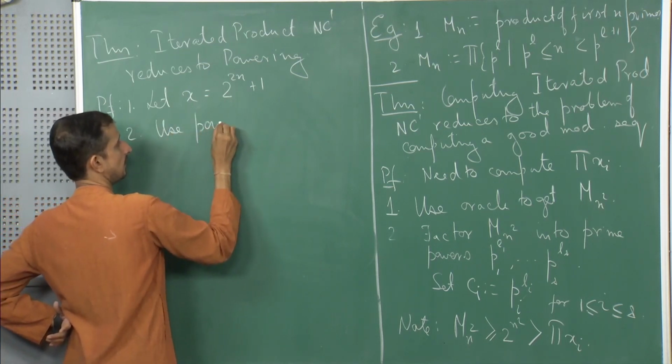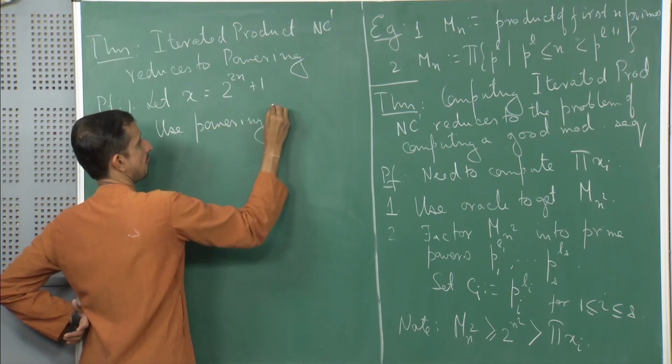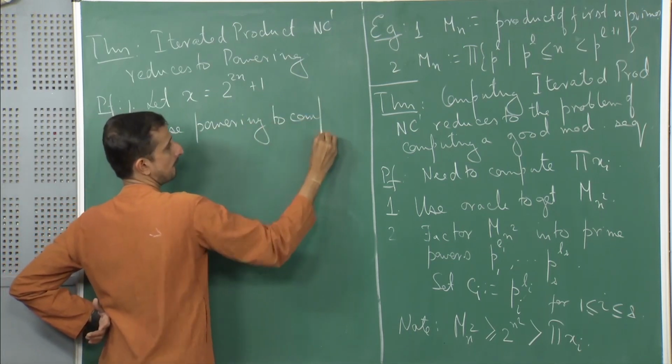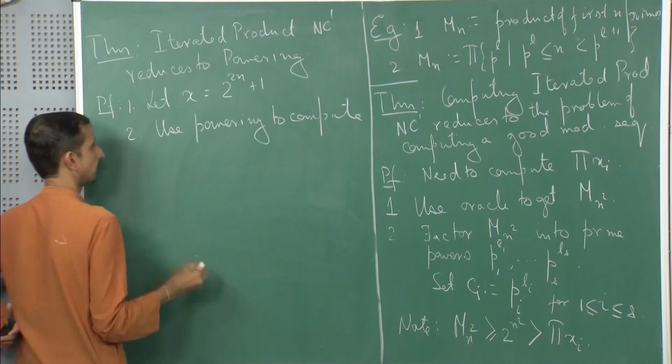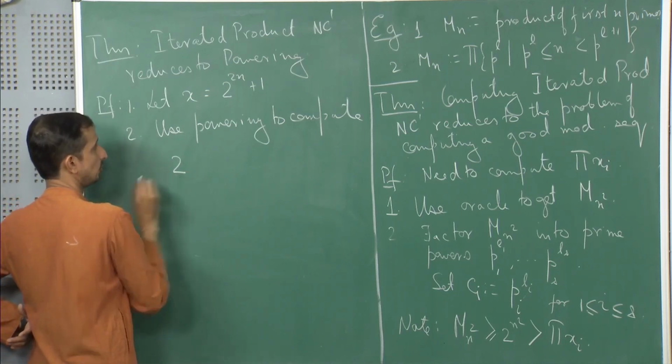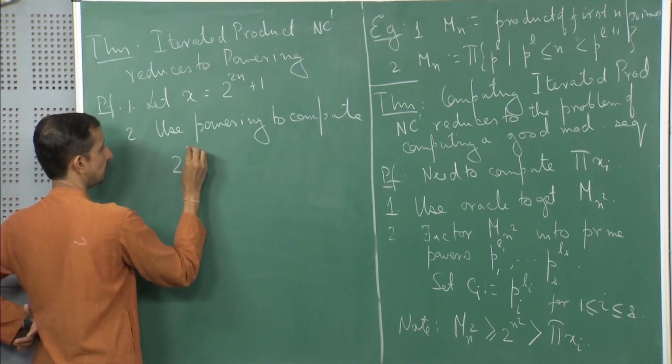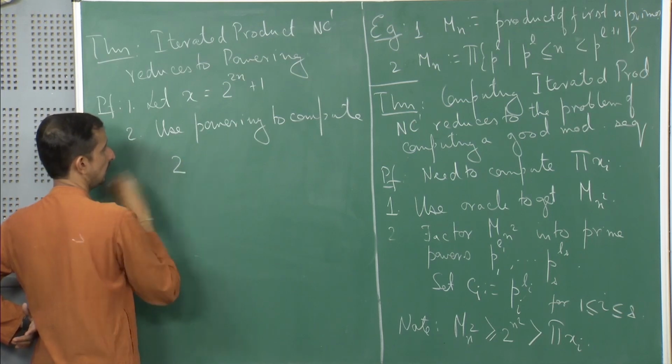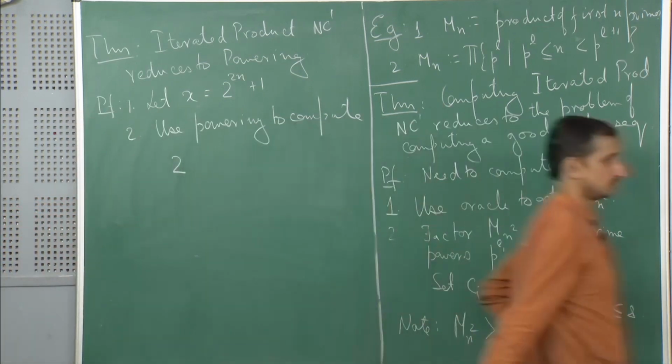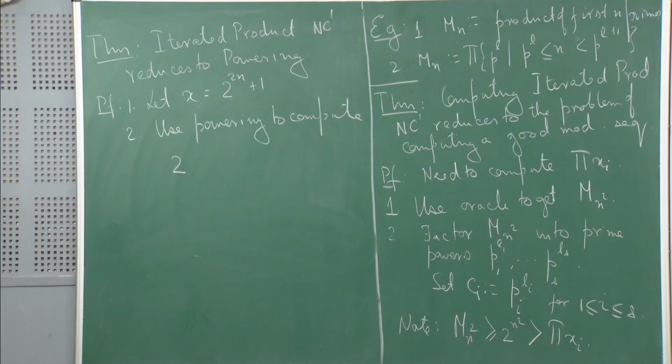use powering to compute the number 2 to the power, I think, x square. What do I need here?